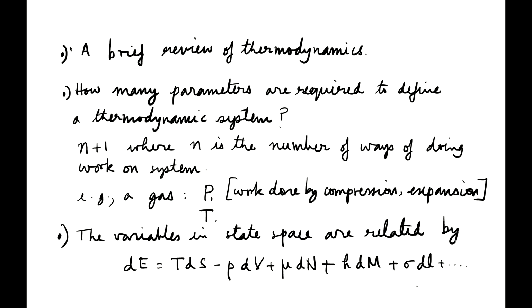So you can do work in mechanical, magnetic, and other ways. In addition, you can supply heat by some other means, by heating it up, for example. That's the next variable. So there is the first law, second law, and so on, but there is one fundamental relation one must remember.